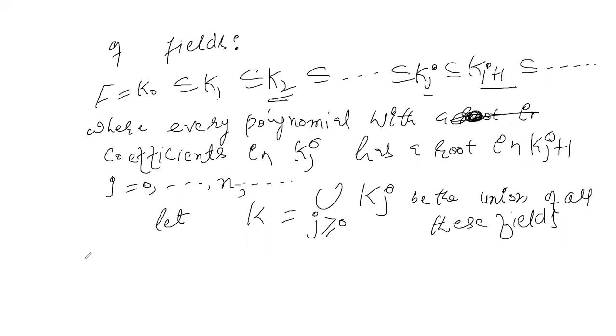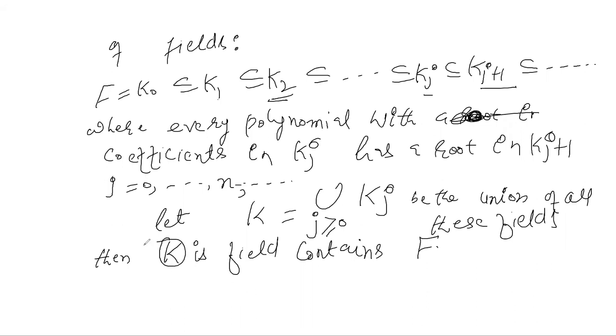Then K is a field. And of course K contains F because each field in the union contains F. Now this K is the required field. Whatever polynomial you choose in K, it will have a root in K. This is quite obvious now.